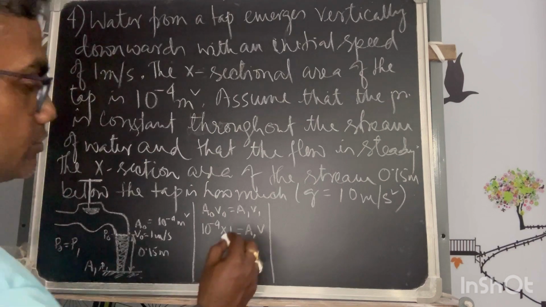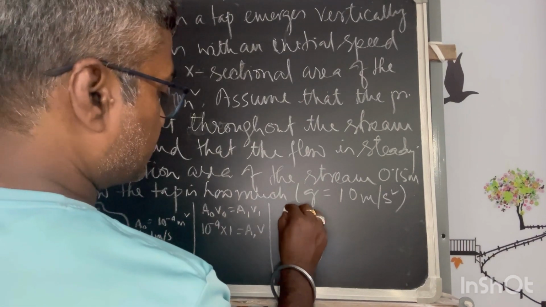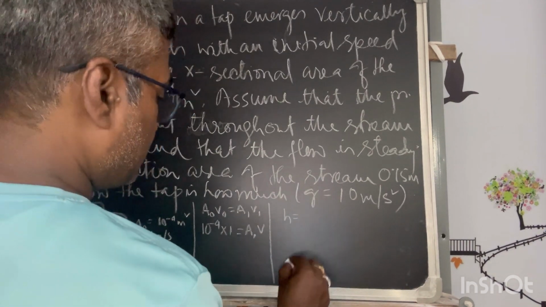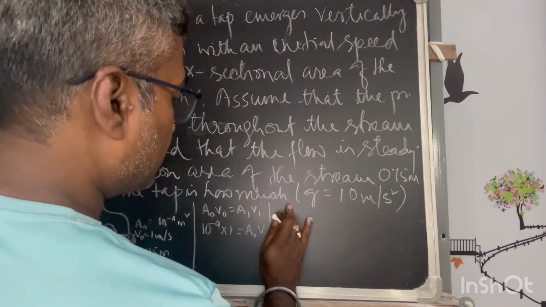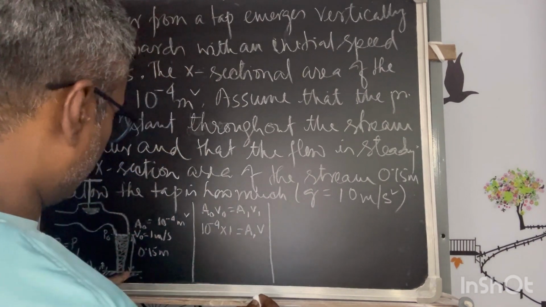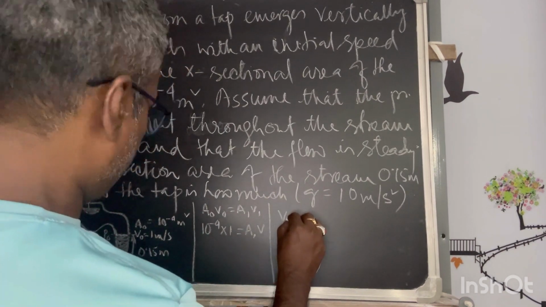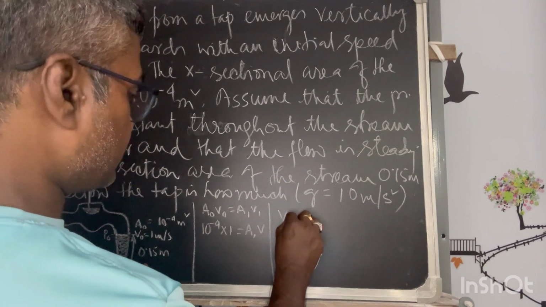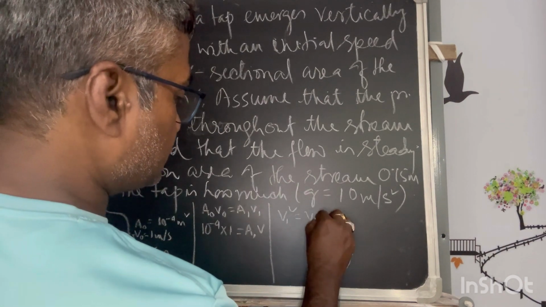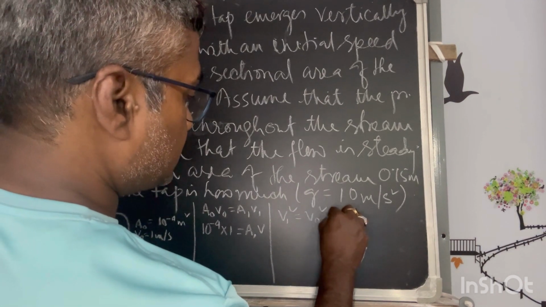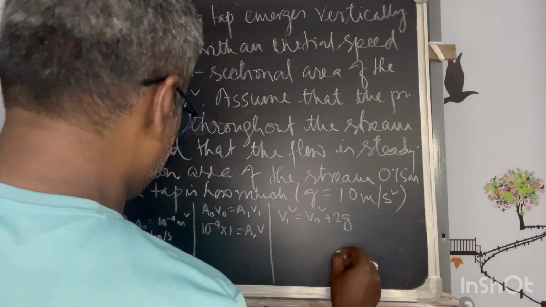In that case, the velocity V1 squared is equal to V0 squared, that is the initial velocity squared, plus 2gh.